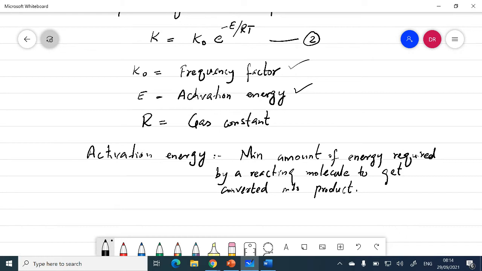So that means the reactants require a certain energy that we call the activation energy, and they need this energy so that they can be converted into the desired product.